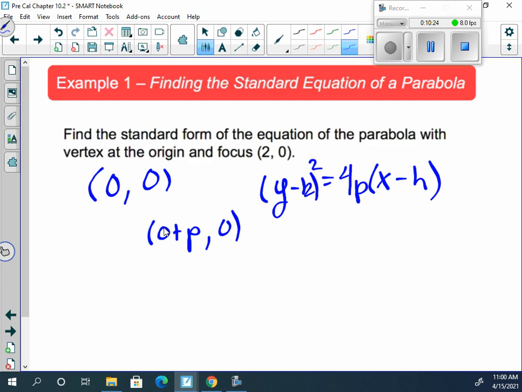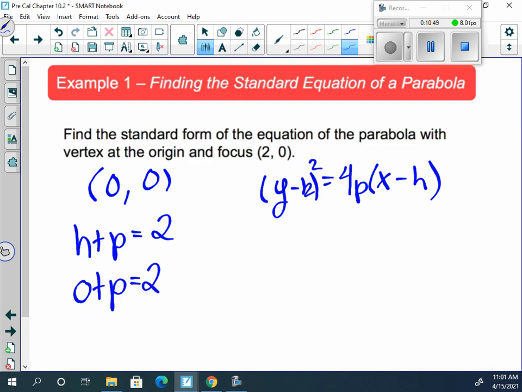So I know that there's a change in the x location, which means p in our case must be, because h plus p is equal to 2. I'll write it out. What we're saying is that the focus, h plus p, is 2. Well, I know h is 0, so 0 plus p is 2. Well, p is equal to 2.